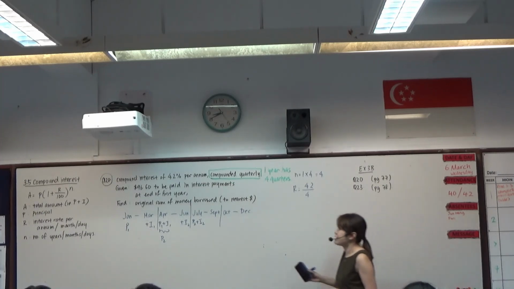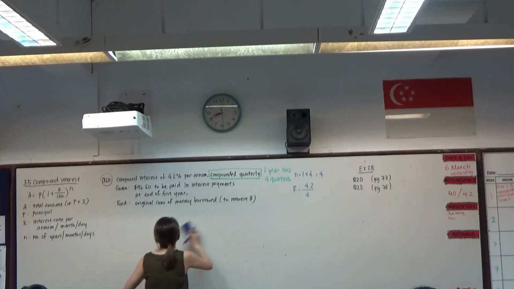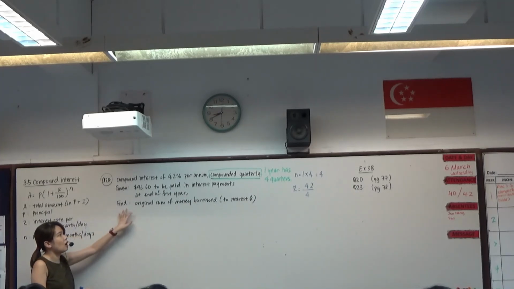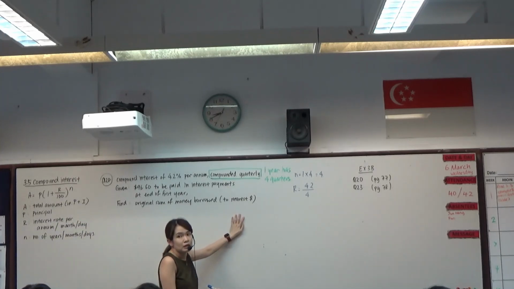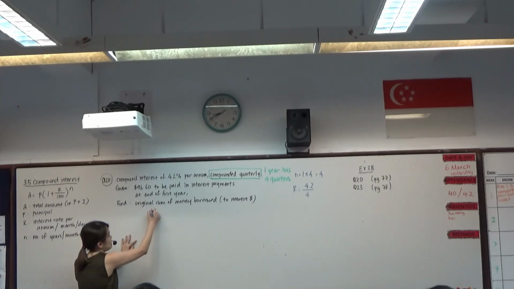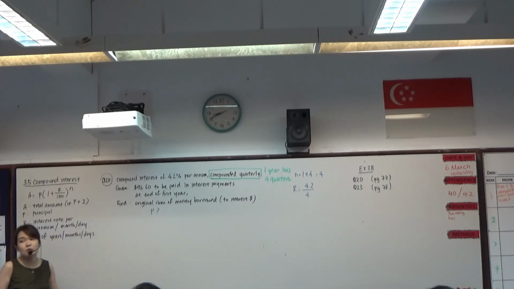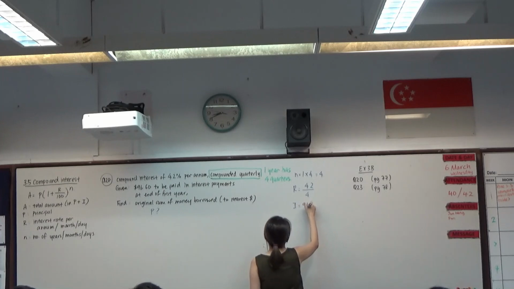Okay? Then, when you erase this, the question wants us to find the original sum of money borrowed to the nearest dollar. So, original sum will refer to the principal amount. So, the question actually wants you to find out what is the principal amount. Sorry, the I is actually $96.